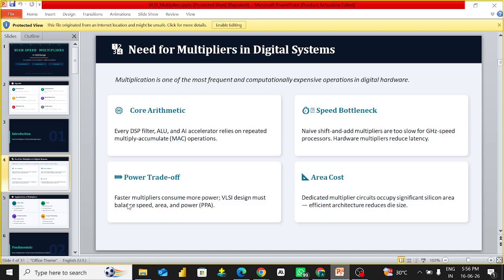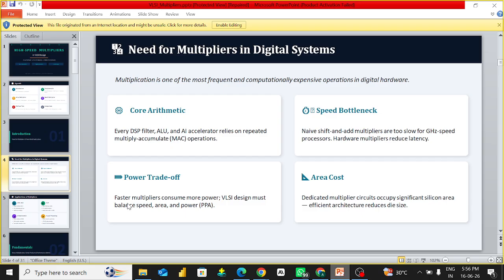What happens if you decrease the power consumption? You reduce the performance, making it slower, so power consumption will be lower, but your performance will ultimately reduce.